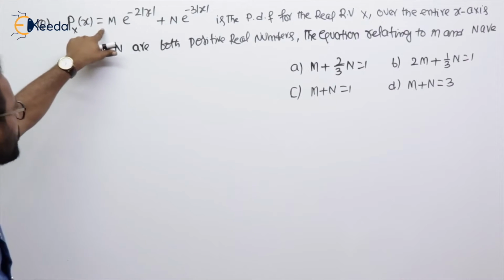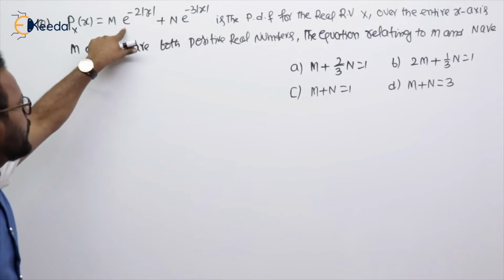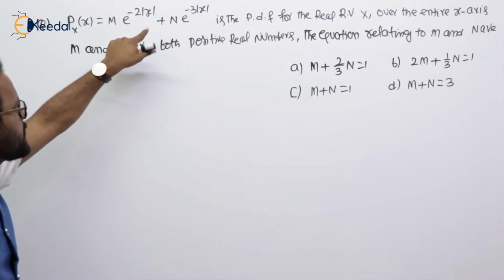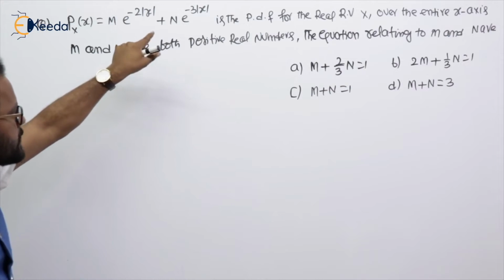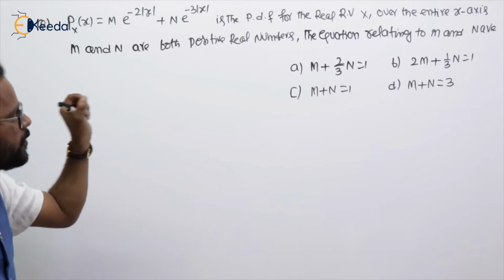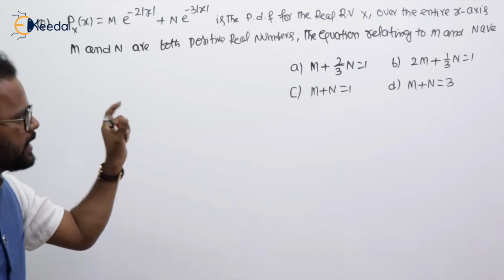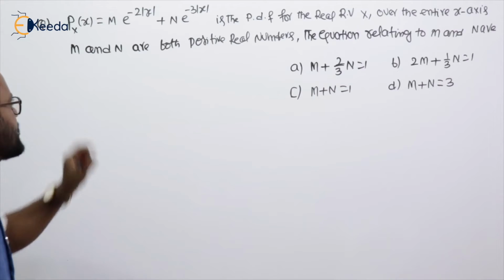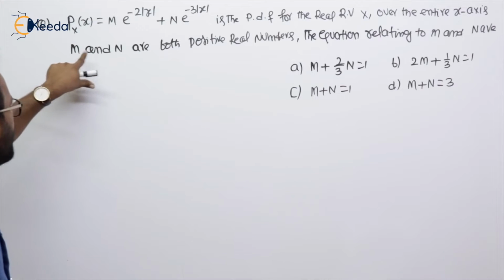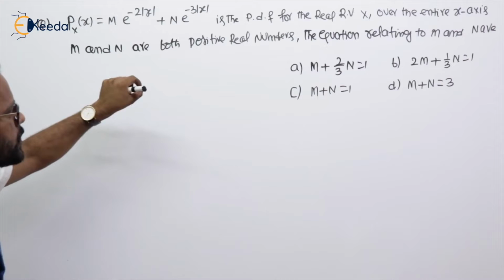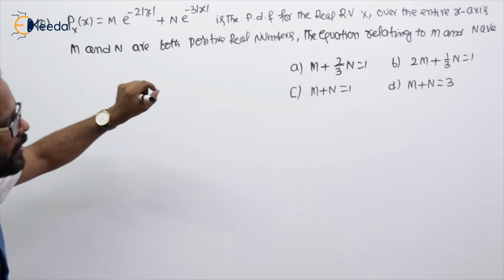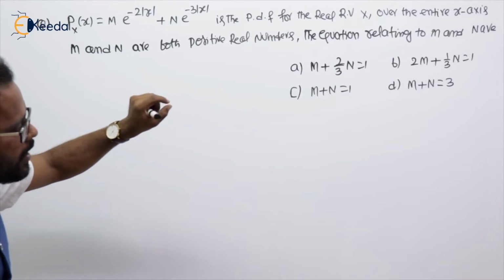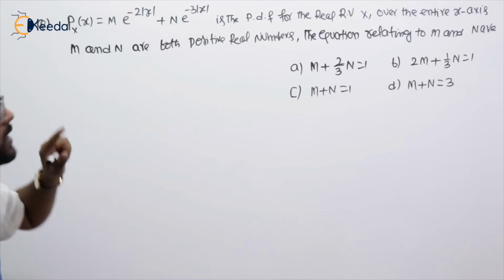Px of x equal to m into e power minus 2 mod x plus n into e power minus 3 mod x is the PDF for the real random variable x over the entire x-axis. M and n are both positive real numbers. The equation relating m and n is asked, and he has given 4 options.